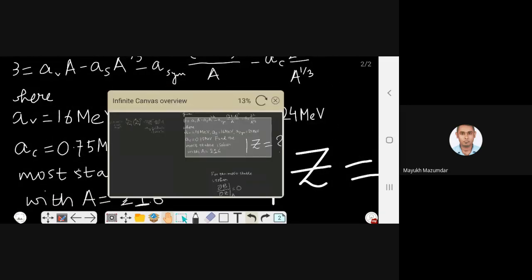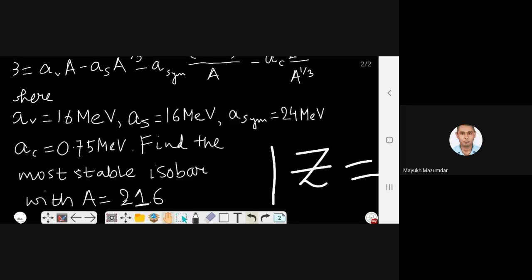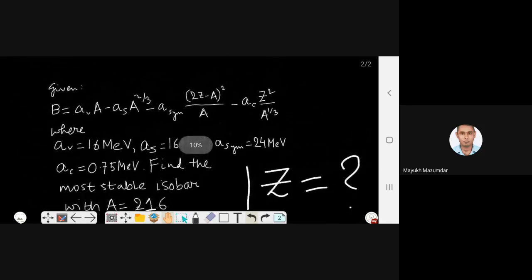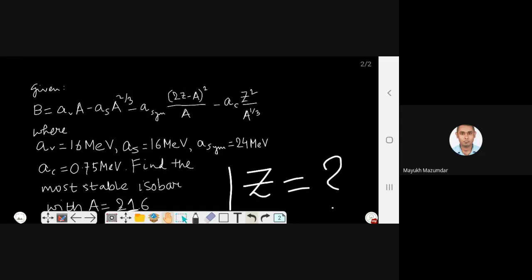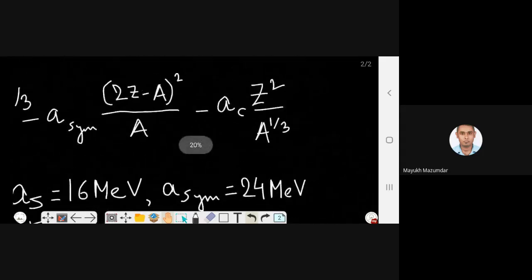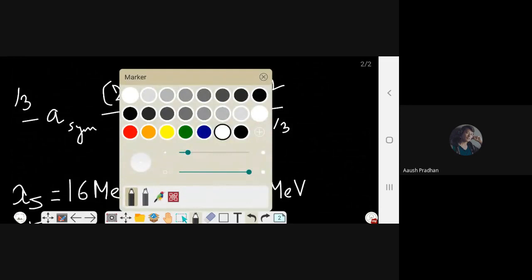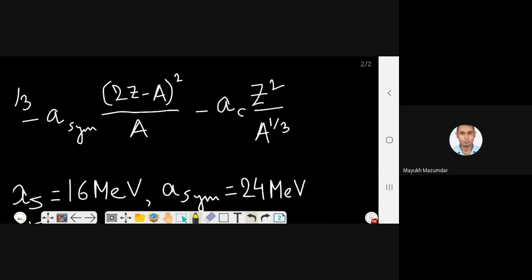Now the thing is that you have to work a bit smartly. Just see where the Z terms are present. This is a very complicated equation. Just simply see wherever you have Z. So I have the symmetry and Coulomb terms. Exactly. Now there is another thing: not always will all the terms be given. You see here only the Coulomb term is given.